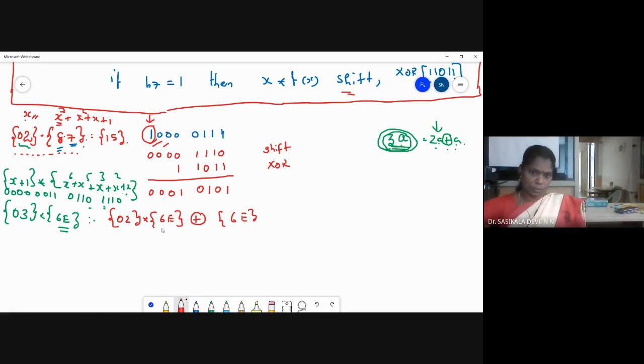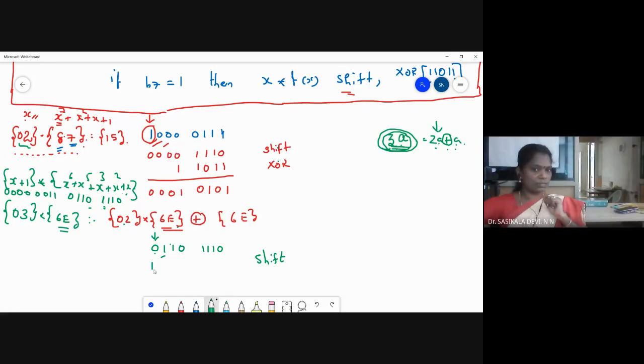Now represent this 6e. 6e is 0 1 1 0 1 1 1 0. Multiplication by 2 is shift followed by optional XOR. Check this: the most significant bit is 0. If the most significant bit is 0, then multiplication by 2 is simply a shift.